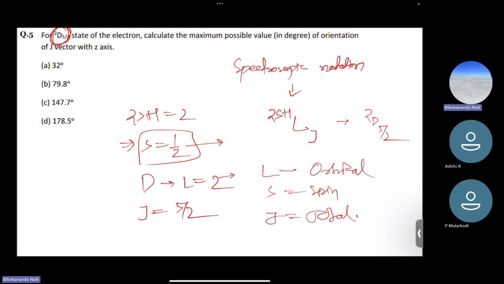So if you talk about the orientations, if you remember we have discussed this. If J is the total angular momentum quantum number, then the orientations corresponding to the Z component is given as JZ. Like in the previous discussions, L and S were obeying, it will obey the same principle.